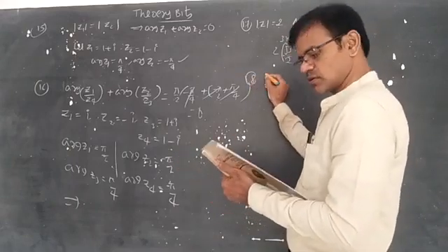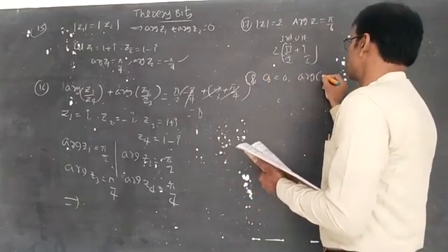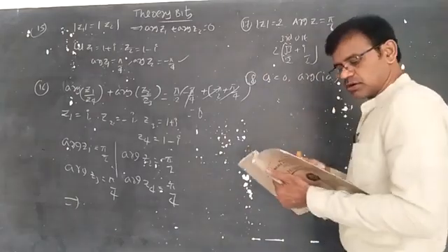Next, the 18th question. A less than 0 is given, so you should take A as a negative value.